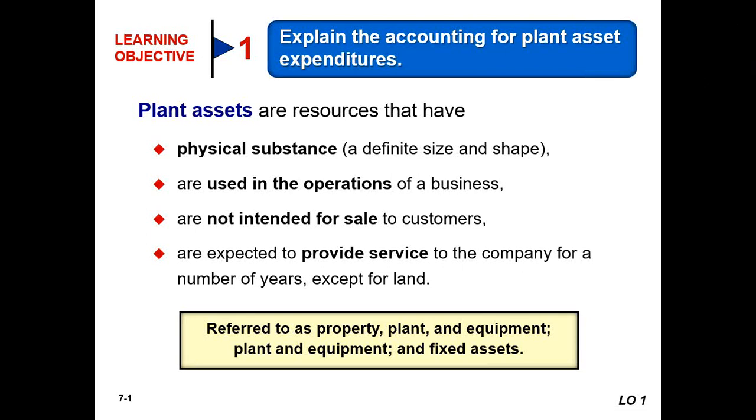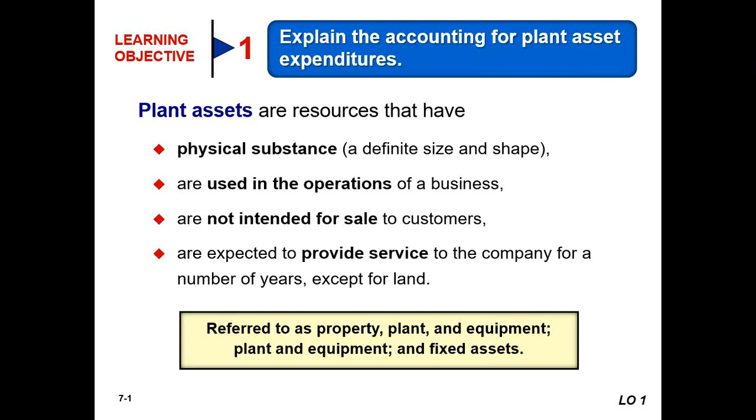This chapter deals with plant assets. As we know, an asset is something that a company owns. Often includes things like cash and AR. What we're talking about today, though, are those long-lived assets, often called fixed assets, or in this case, we're calling them plant assets.